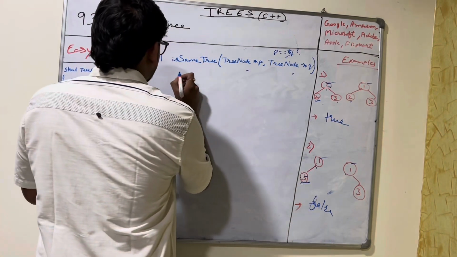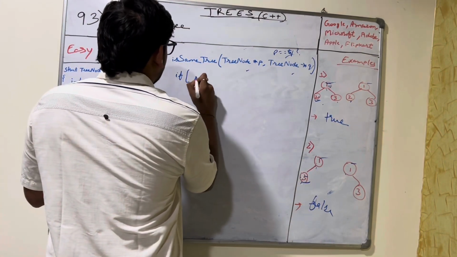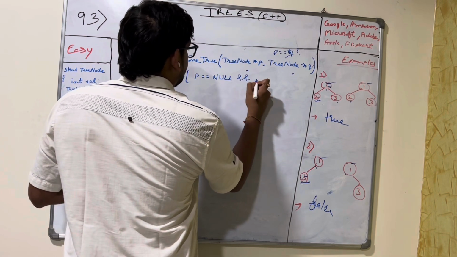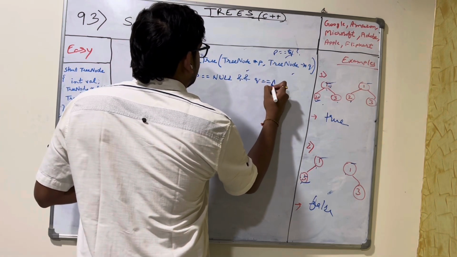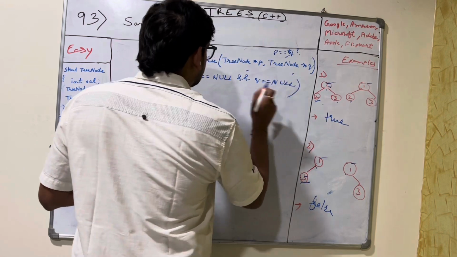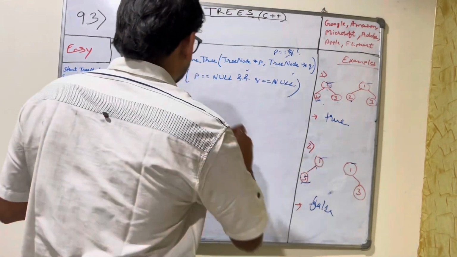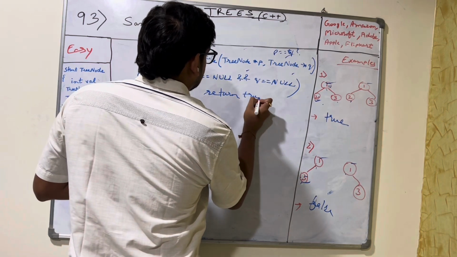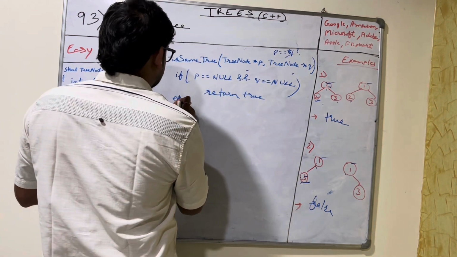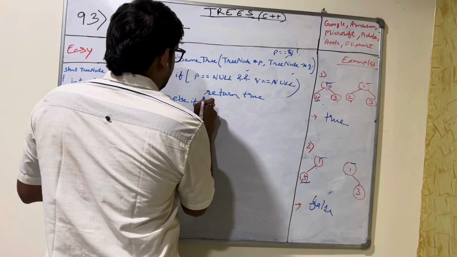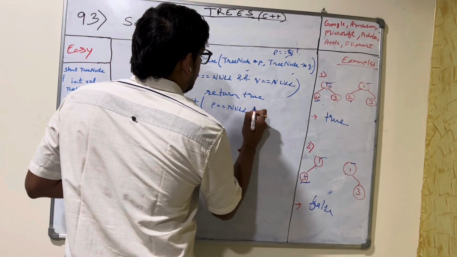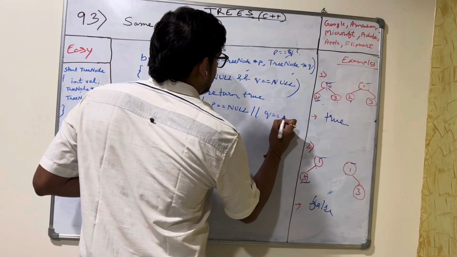So what would be our base case? If P equal to null and Q equal to null, that would be the termination condition. If we get this, we can return true, right? Else, if P equal to null or Q equal to null.